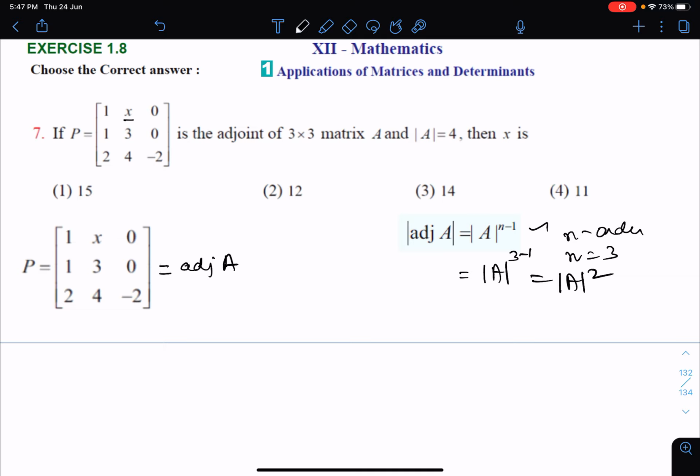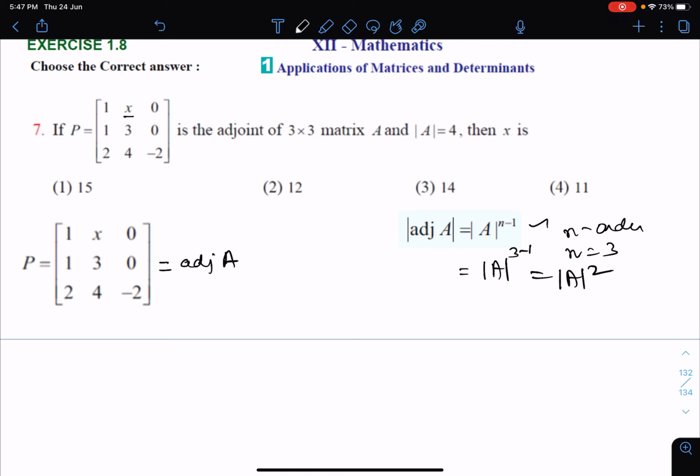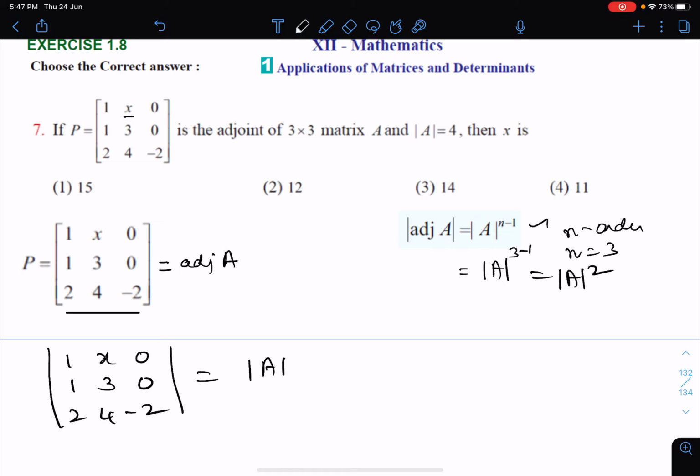So the determinant of this matrix, 1 x 0, 1 3 0, 2 4 minus 2, is equal to determinant A the whole square. The value is given as 4, so 4 square, that is equal to 16.